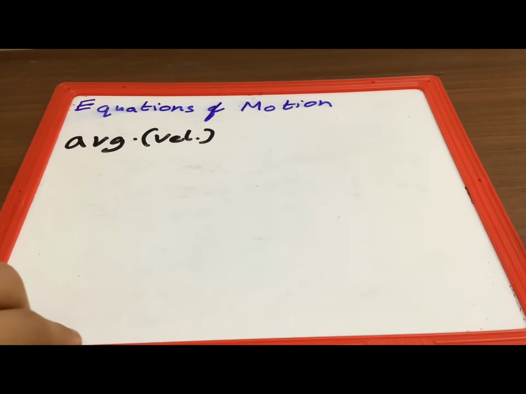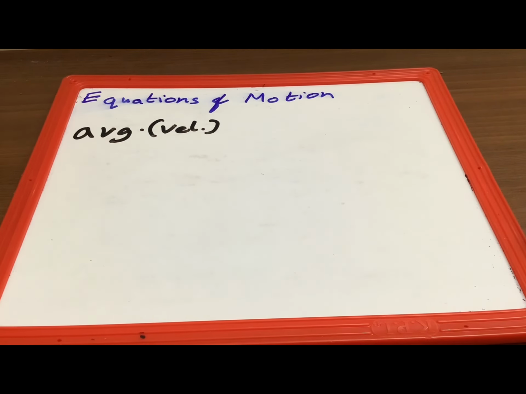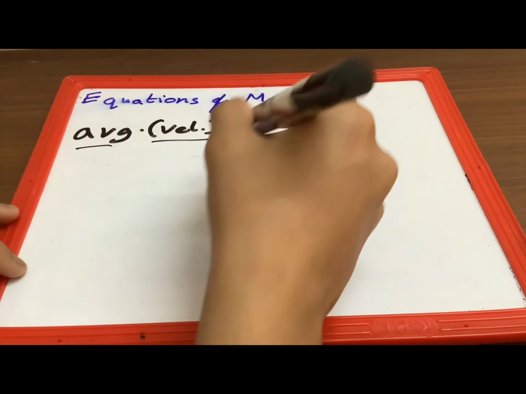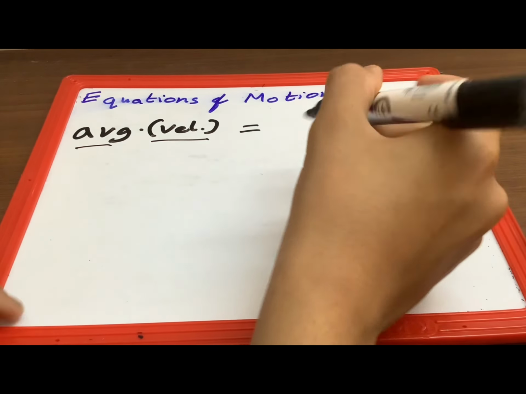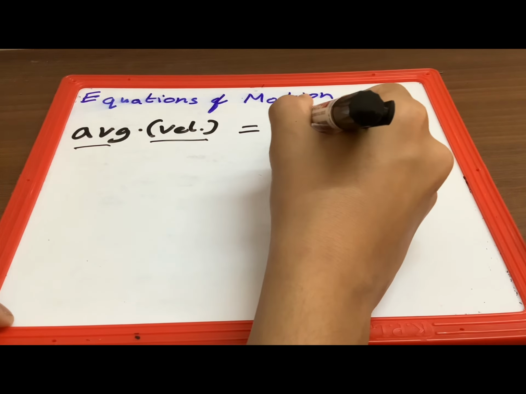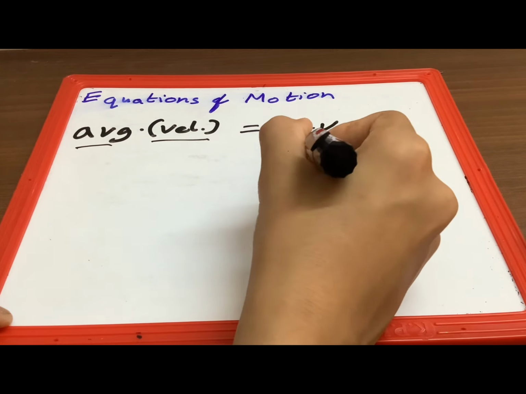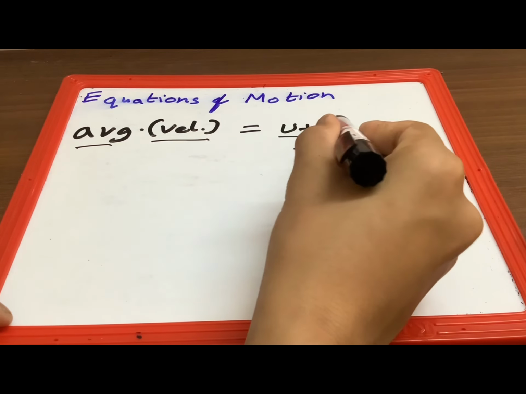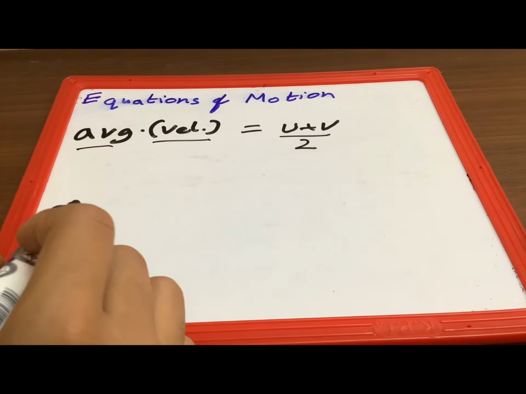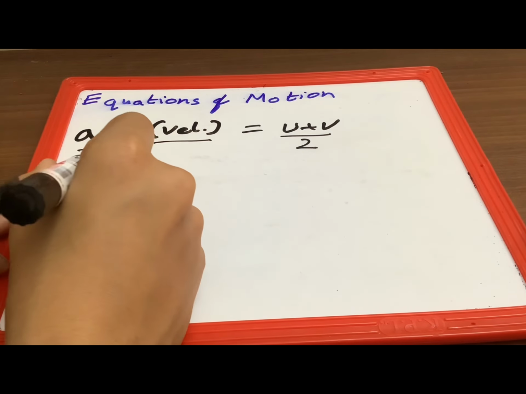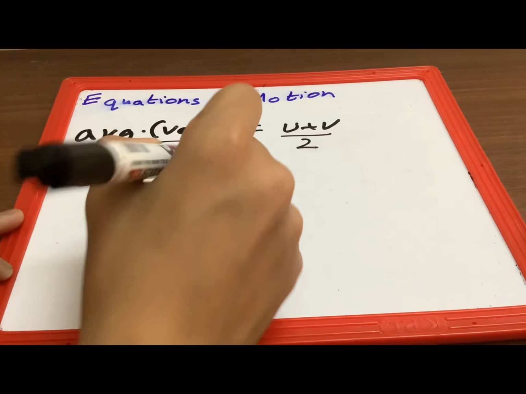Let's start deriving the second equation of motion now. For the second equation of motion, we need to take a look at average velocity. Average velocity is initial velocity plus final velocity over 2, because there are two terms. Now, let's take a look at the definition of displacement.